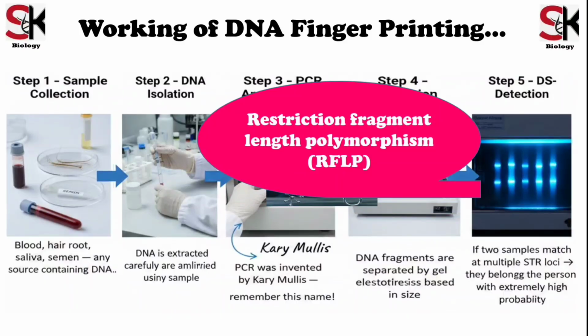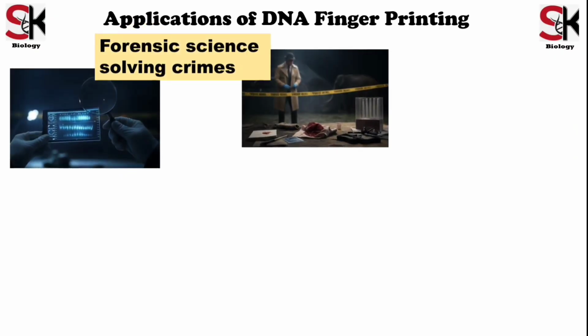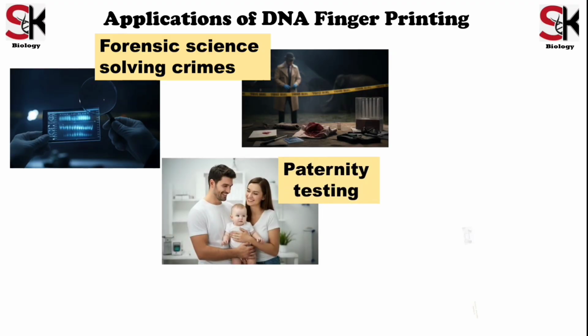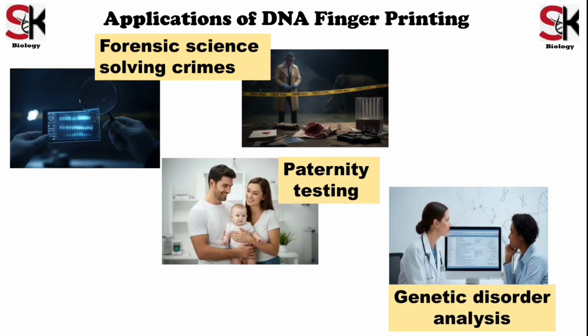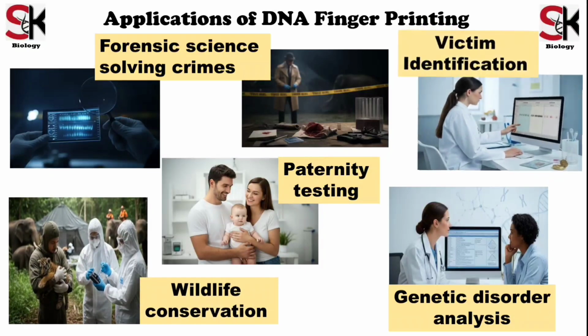Once the unique DNA pattern is available, this DNA fingerprinting pattern can be used for various applications, like in forensic science for solving crimes, for paternity testing, for analysis of genetic disorders. DNA fingerprinting can also be used for wildlife conservation and for victim identification.